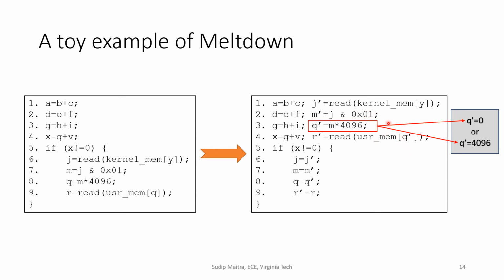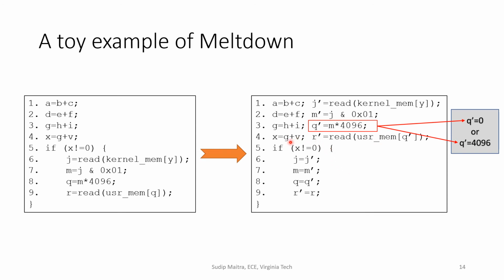So ultimately, if reading location 0 is faster, then the last bit of the kernel memory byte was 0. If it's 4096, then the last bit of the kernel memory was 1. And iterating through this whole process again and again, the attacker can basically read the whole content of the kernel.